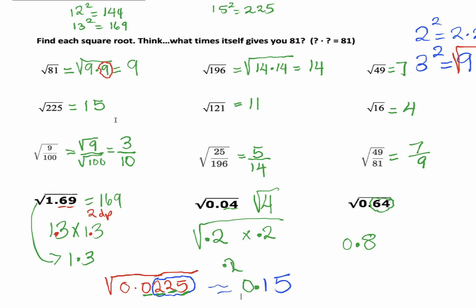So notice here, it was pretty easy for me to find the square root of 81 because I knew my perfect squares. The decimals are not that difficult. Just remember, focus on the number, forget the decimals. Once it's a perfect square, you know what your answer will be. Look for the number of decimal places and halve that, and then insert the decimal into your whole number.